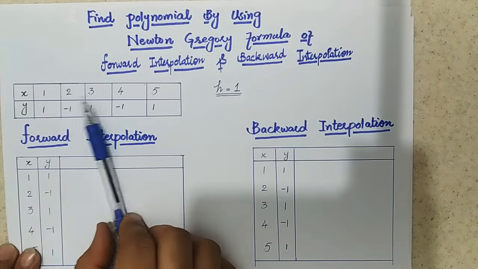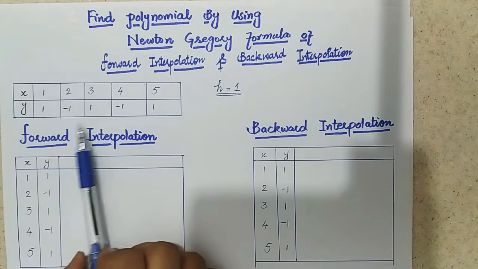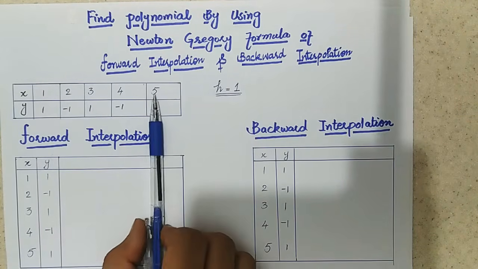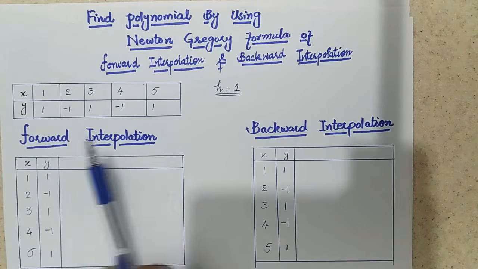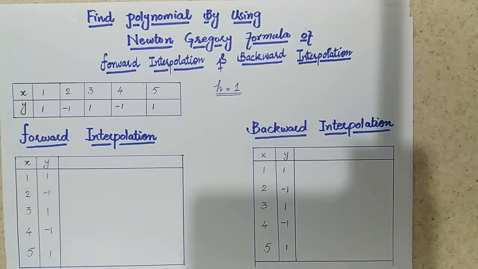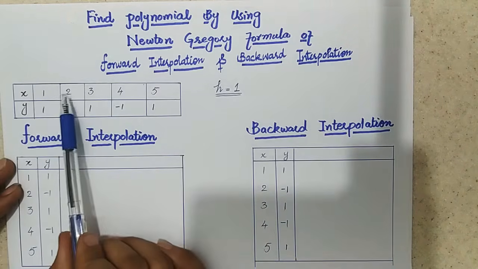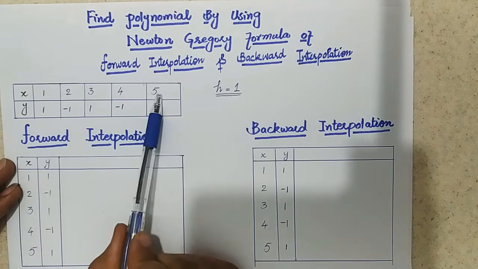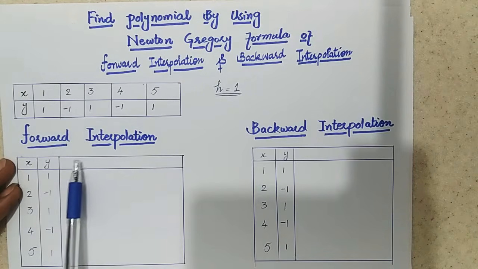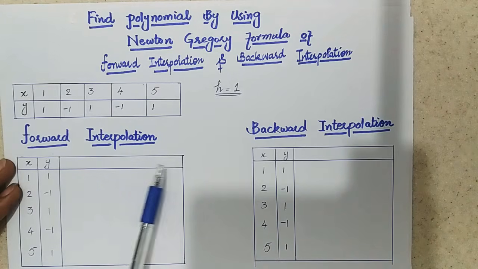It was discussed in the previous part that if the data has n terms, then in forward and backward interpolation there will be n minus 1 difference columns in the delta difference table. Here we have 1, 2, 3, 4, 5 terms of data, so the difference table will have differences up to 4 terms.